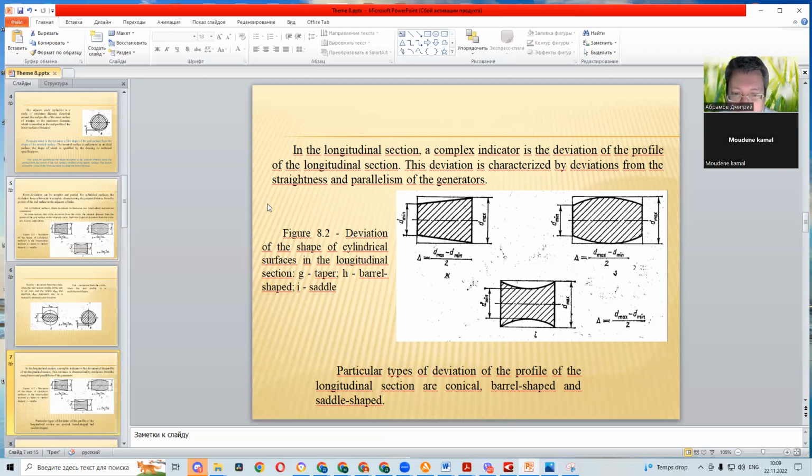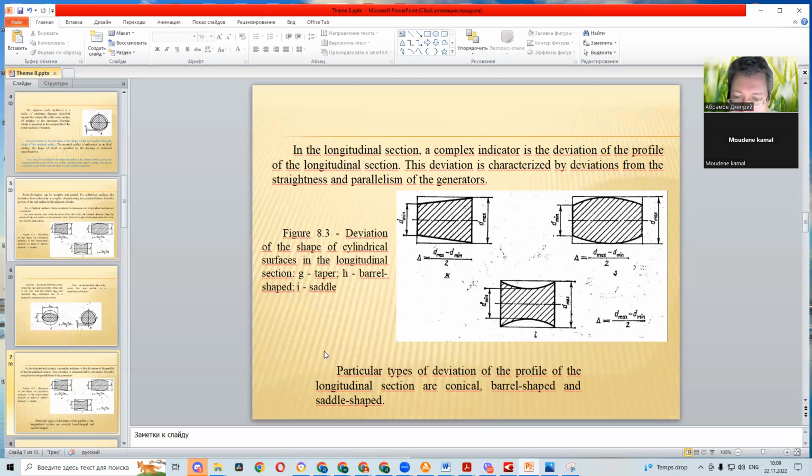In figure 8.3, you can see deviation of the shape of cylindrical surfaces in the longitudinal section. J taper, H barrel-shaped, and I saddle.